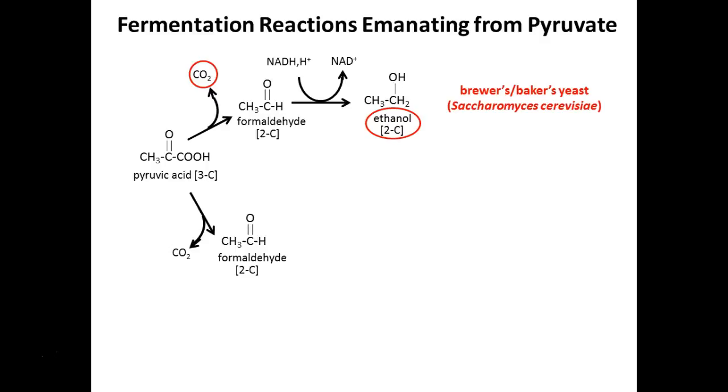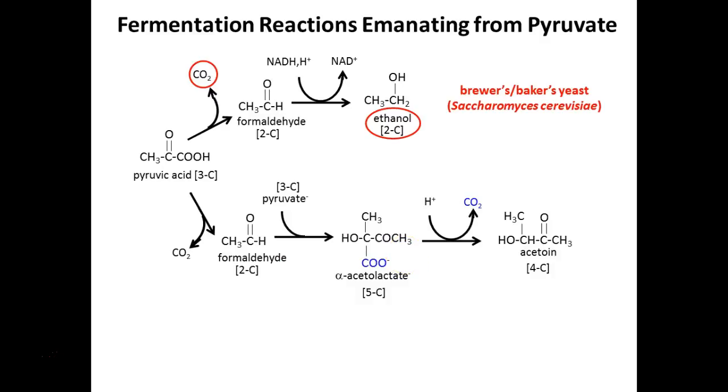So another avenue it could take is, again, formaldehyde, but actually adding one of the pyruvic acids to the formaldehyde to form acetolactate, and then they can remove a carbon dioxide and form acetoin. Does this look familiar to any of you from your homework?